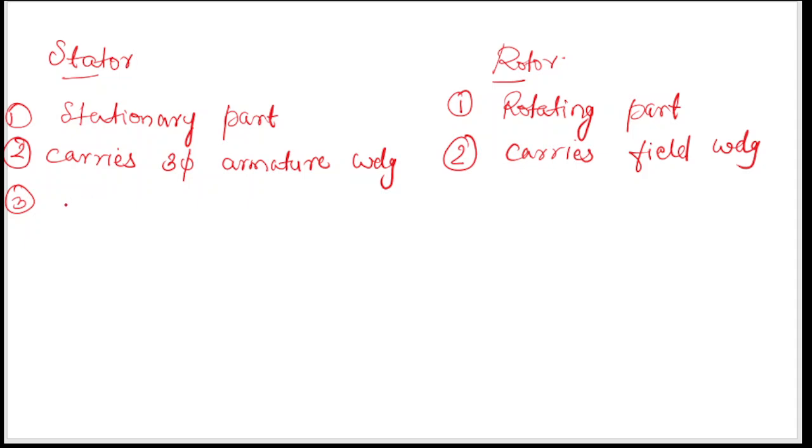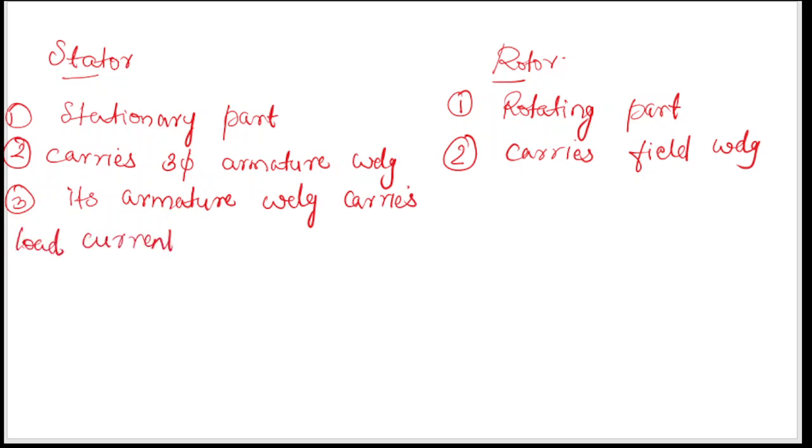We know that when it is carrying the load current, it will be heavier than the field winding. Its armature winding carries the load current, so it will be heavier. Then what about the rotor?